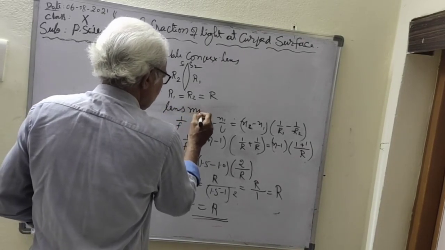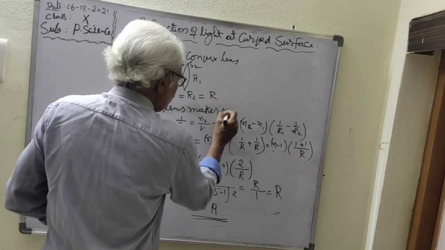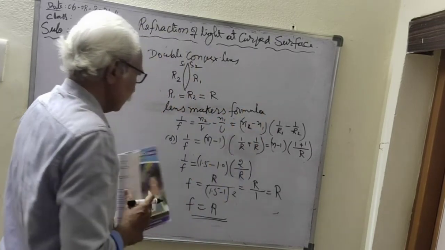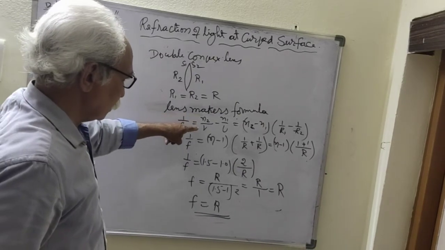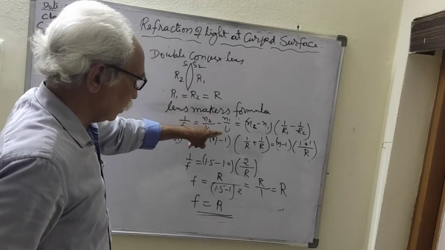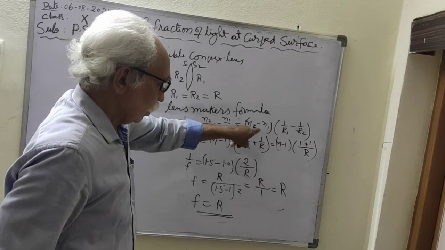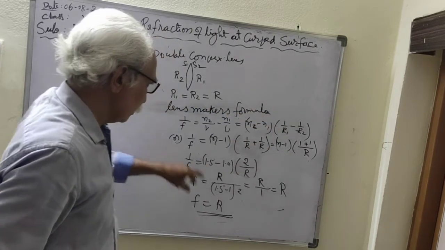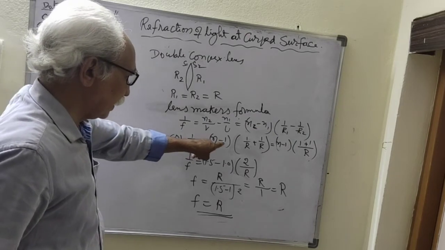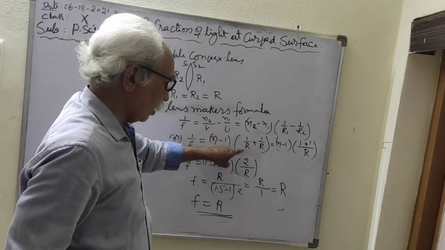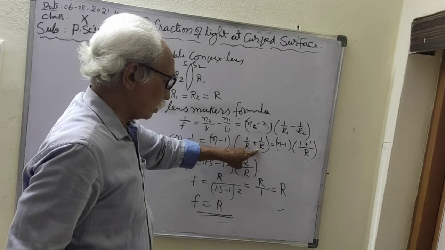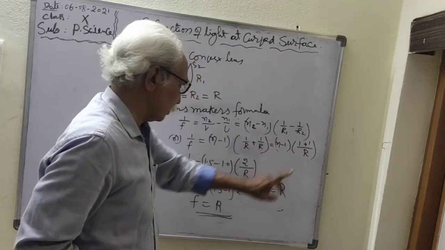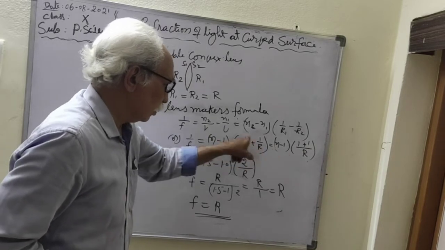These are called the lens maker's formula. n2 by v minus n1 by u is n2 minus n1 by 1 by R1 minus 1 by R2. So there 1 by f is equal to n minus 1 into 1 by R plus 1 by R, that is equal to n minus 1 into 1 plus 1 by R. LCM is R, 1 plus 1.